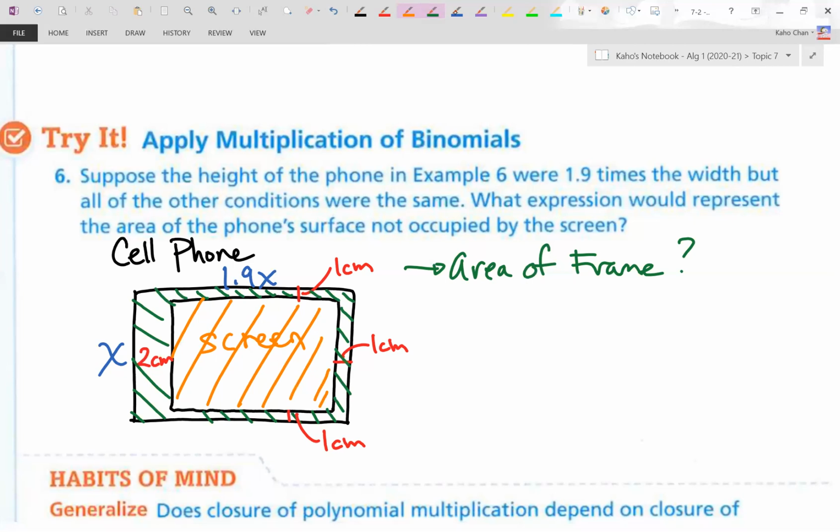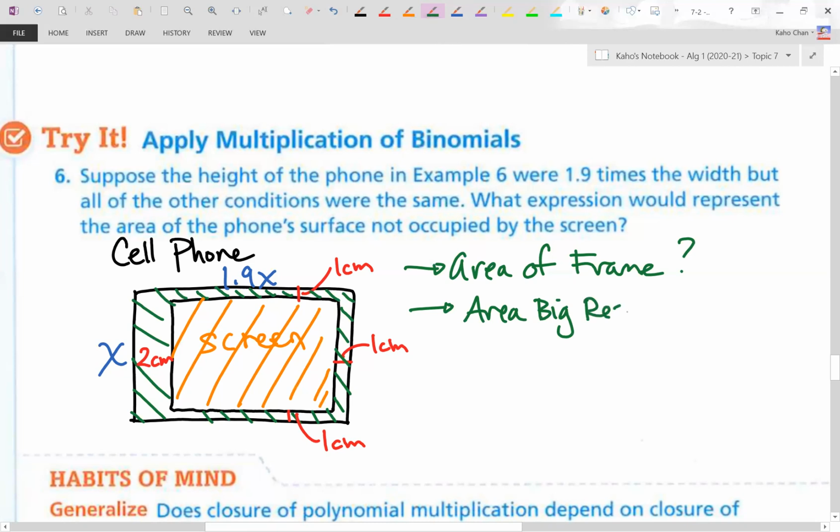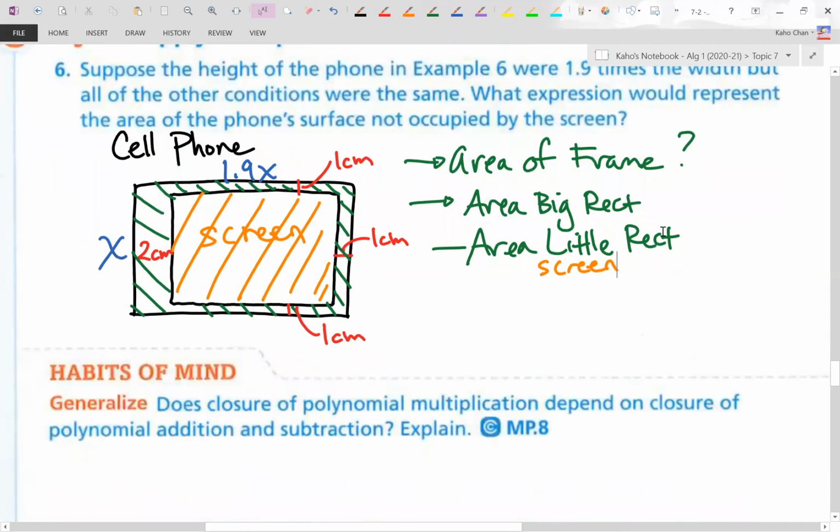Our strategy is area of the big rectangle minus the area of the little rectangle, the screen. And that's our strategy. We're actually going to set it up and actually do it.